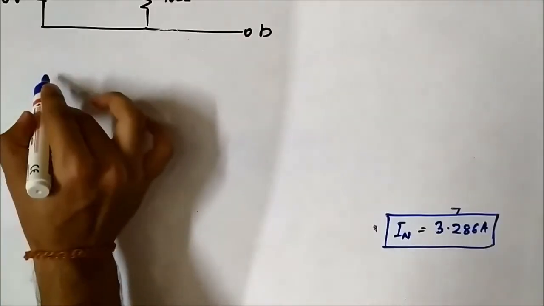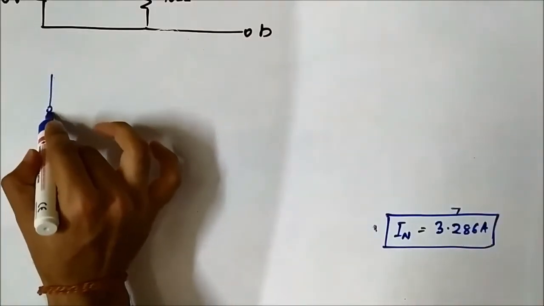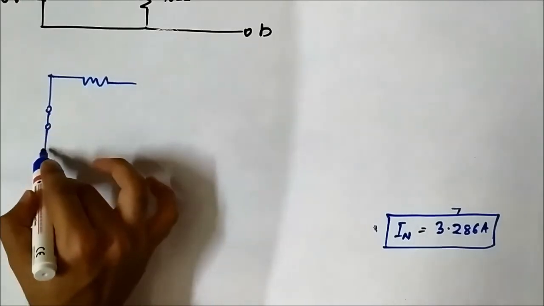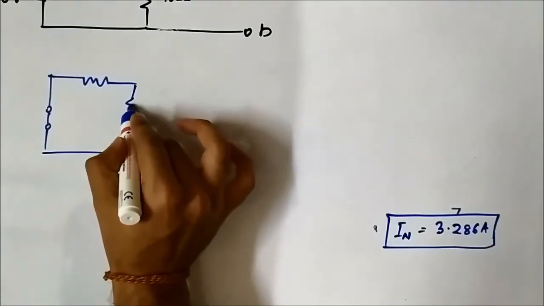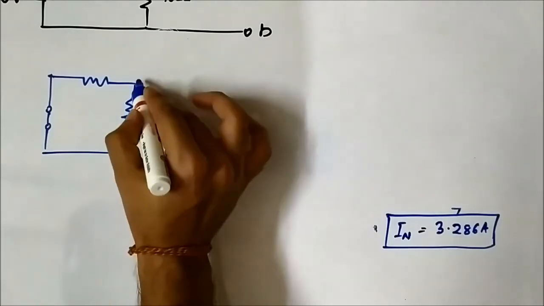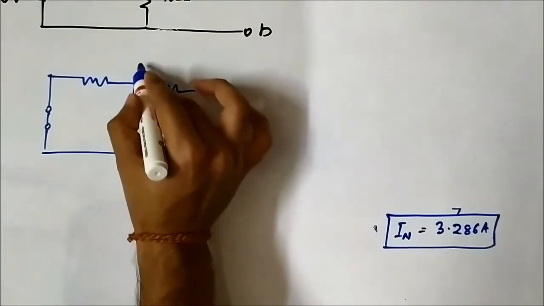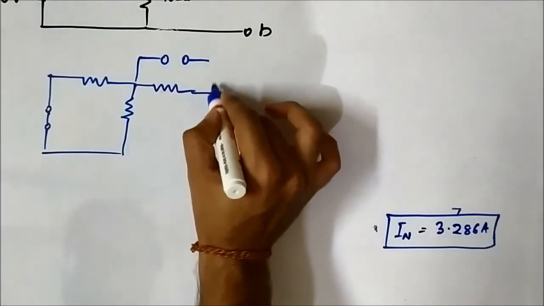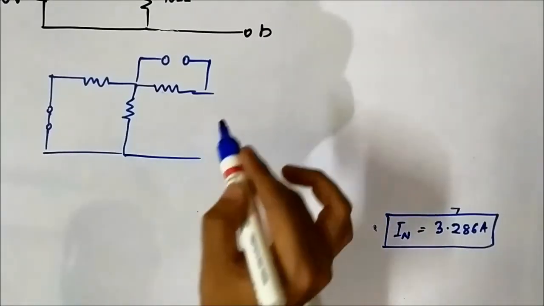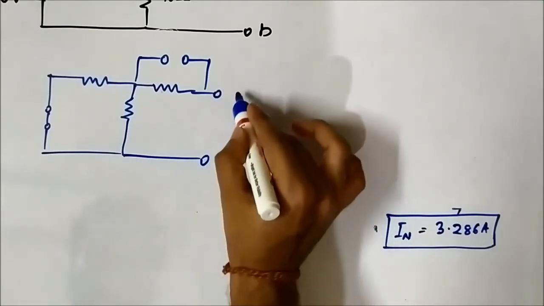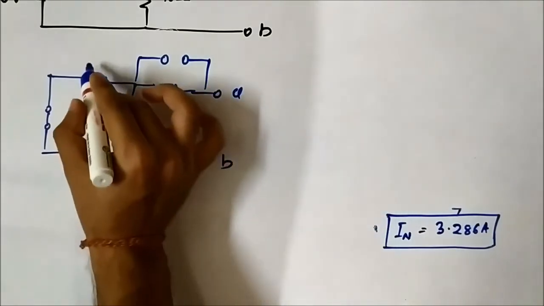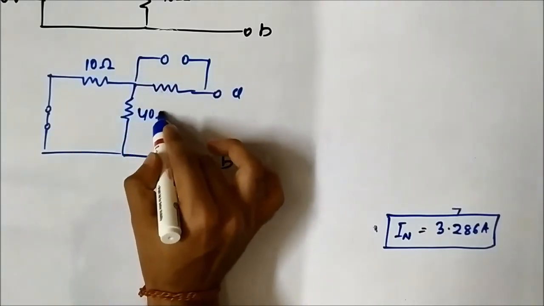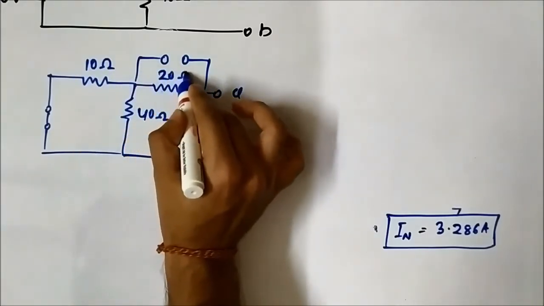So this voltage source will be short circuited first. 10 ohm, 40 ohm, 20 ohm. The current source will be open circuited. This is 10 ohm, this is 40 ohm, this is 20 ohm.